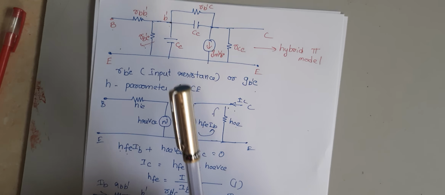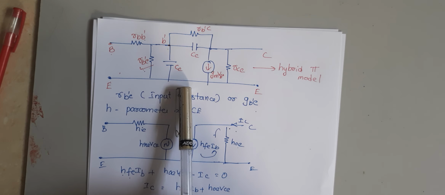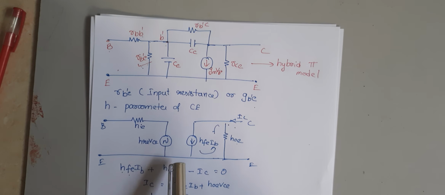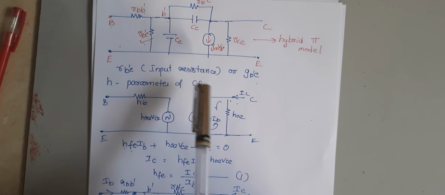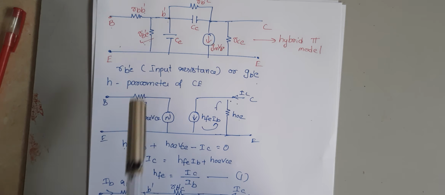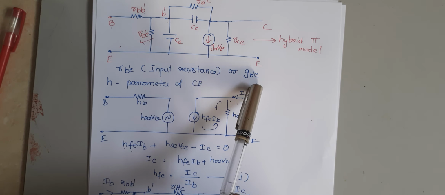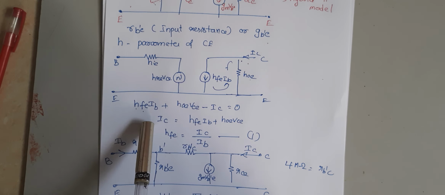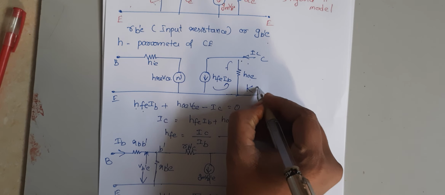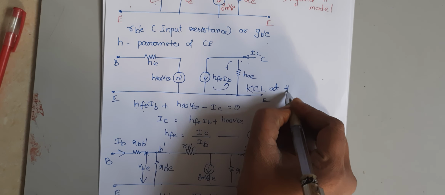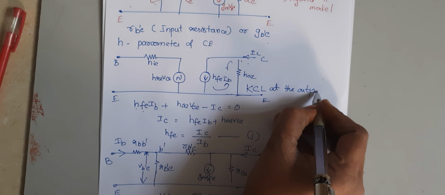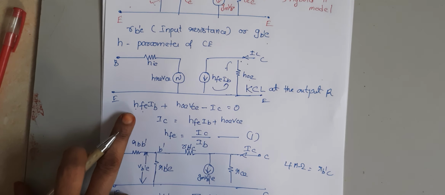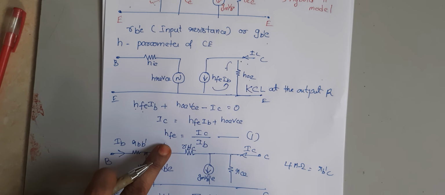So first we have to draw the hybrid pi model of CE configuration. After that we have to find out the resistive parameters, that is RB'E, the input resistance or input conductance. For this we draw the H parameter model of CE configuration and apply KCL at the output port to write the equation and find the current gain HFE.